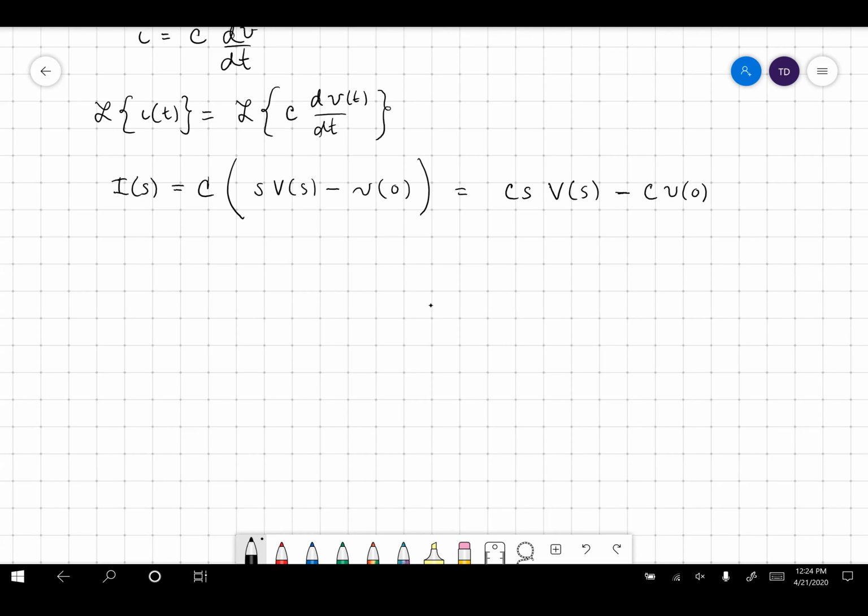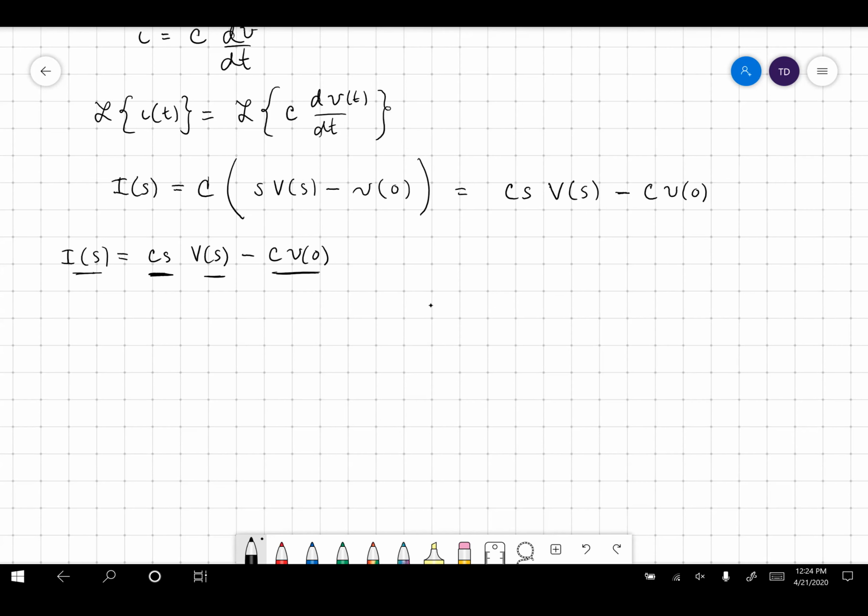So let's go ahead and rewrite that. This is my I of S is equal to C S V of S minus C V at 0. Again, constant, impedance, voltage, current.